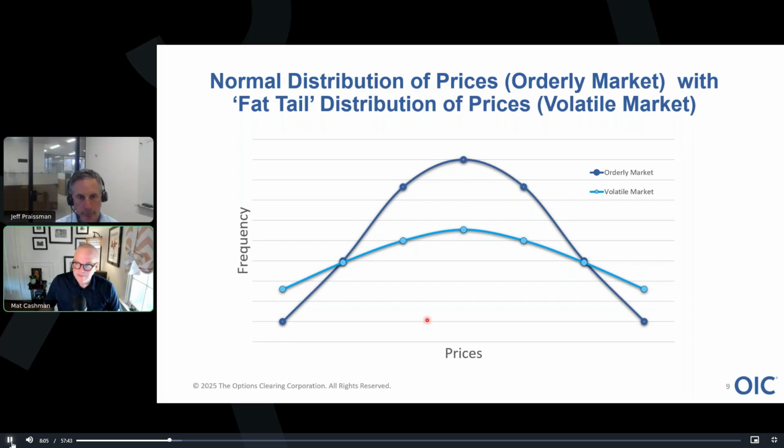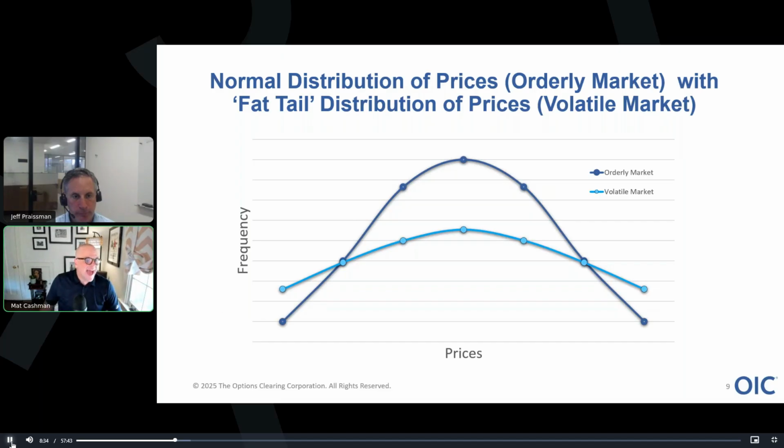This area over here, this area over here, these 3 standard deviation, 4 standard deviation, 5 standard deviation away from the mean areas start to take on more of a likelihood in these fat tail distribution models, in the way that you see differing prices come into the melee, as it were, as to how and where the stock or the index might settle.